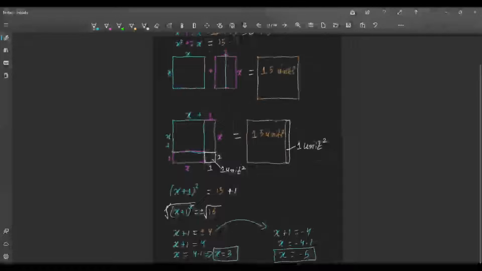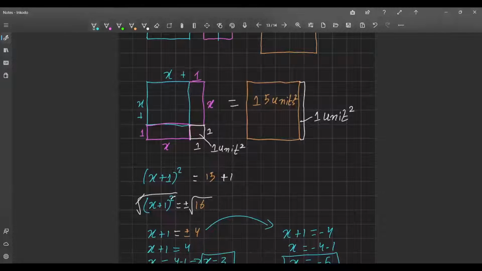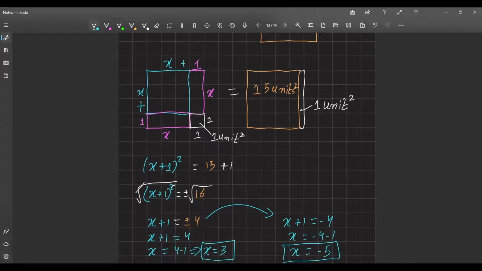Now there is one thing that bugs me a lot, and it had bugged the ancient Egyptians and the civilizations before that as well: why is there a value of x that is negative, and if we put that negative here, we would get the square to be of negative 4 side. The problem with it being of negative 4 side is you cannot visualize a square of negative sides.